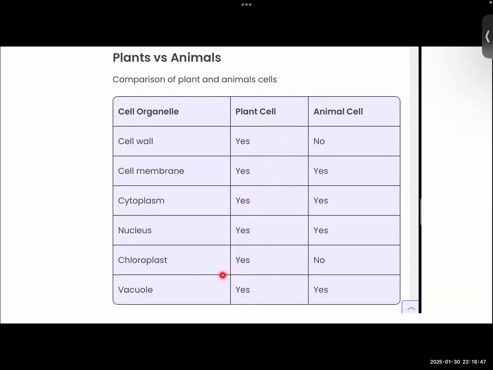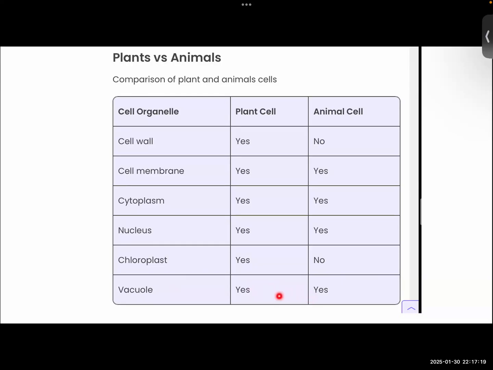Chloroplasts, the colorful parts which have the colorful pigments in them, are only in the plant cells. Vacuoles are found in both of them, but the size of the vacuole found in the animal cells is, bigger or smaller? Smaller. Smaller, but more in number.